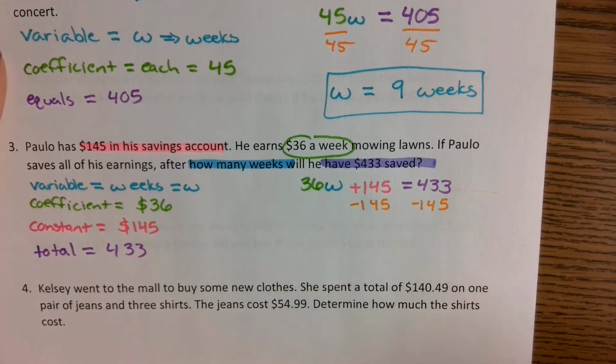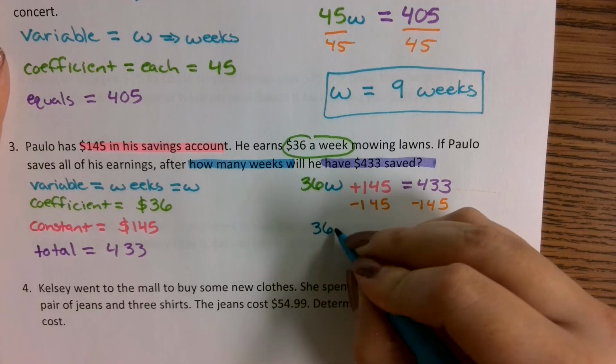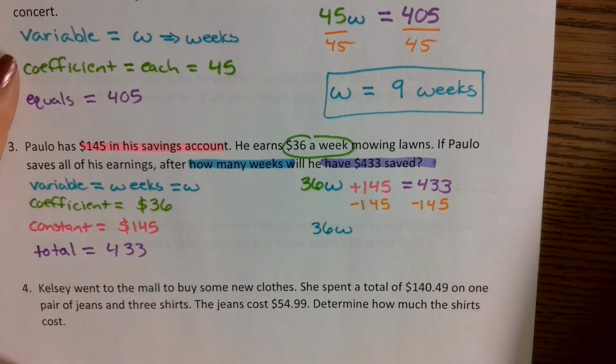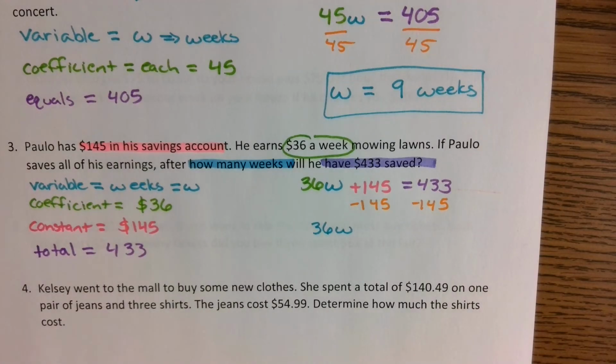Okay, that's going to leave us with 36W here. And when we do 433 minus the 145, that's going to give us 288.